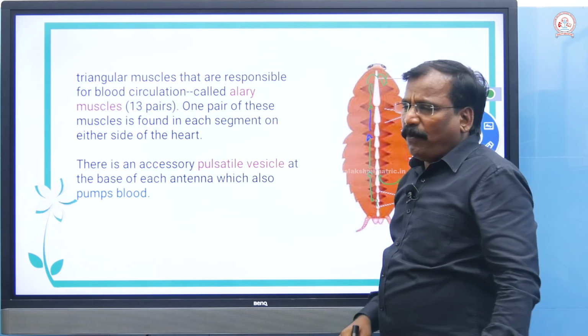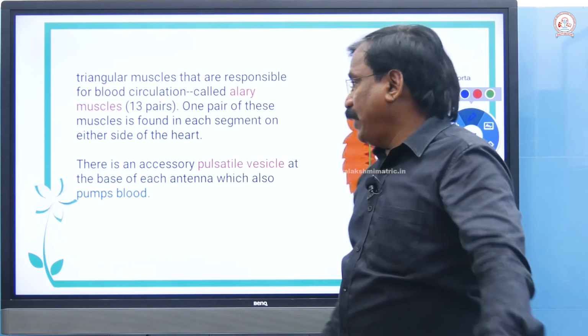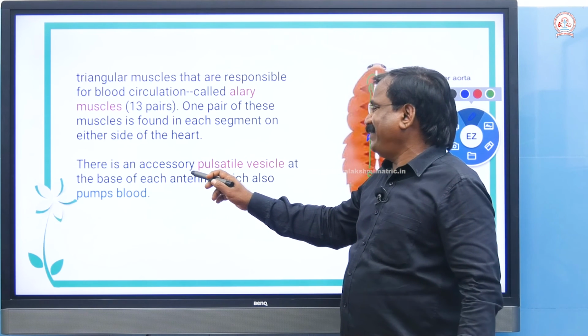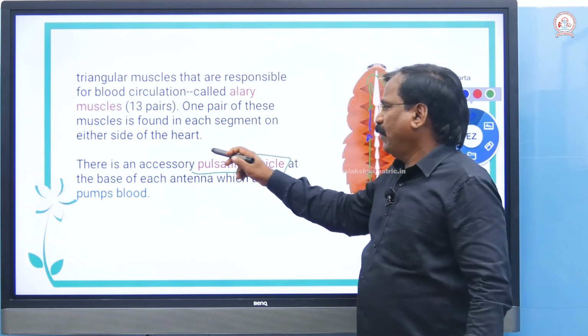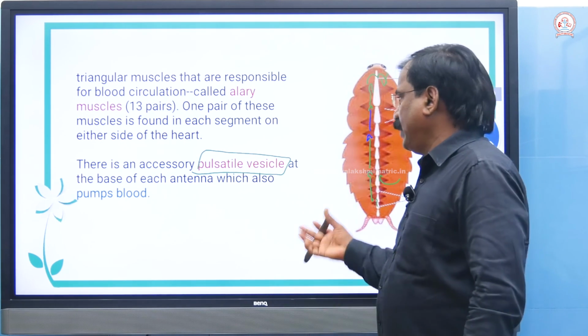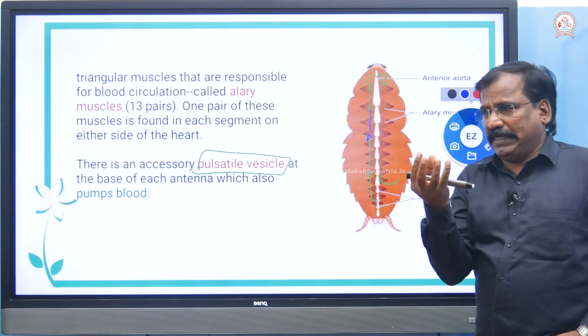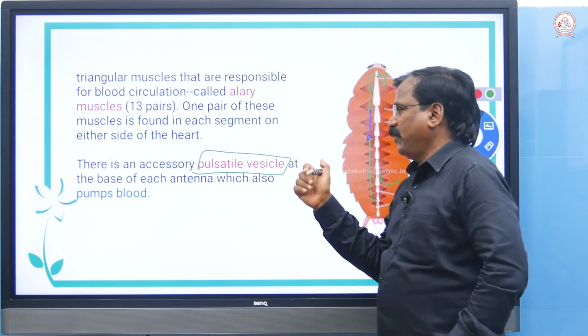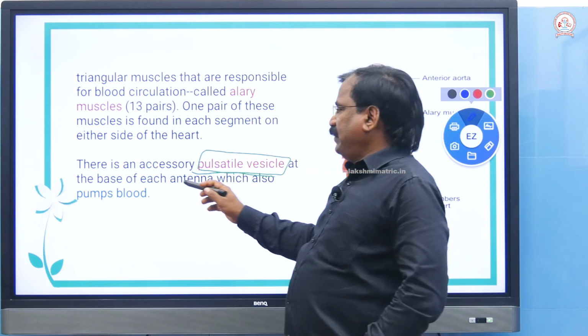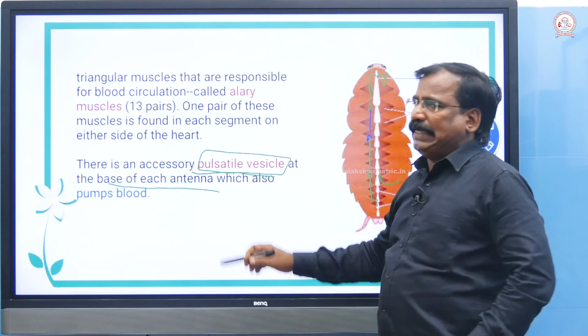Okay, that's all. Apart from that there is an accessory structure that is called pulsatile vesicle, a small tubular structure which is found at the base of the antenna.